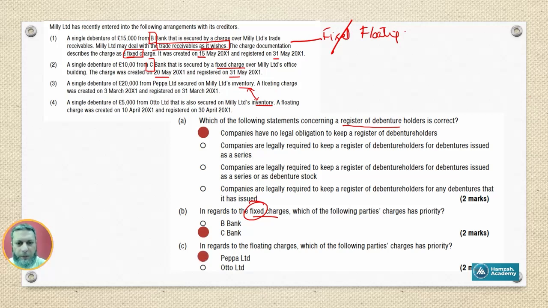Okay, so this one will be Pepper Limited. Why? Because both are on inventory and both are floating charges. Then it goes to the creation. 3rd March is creation and 10th April is creation, and it is registered on 31st March, and after that it was registered. So this way Pepper Limited will have priority.